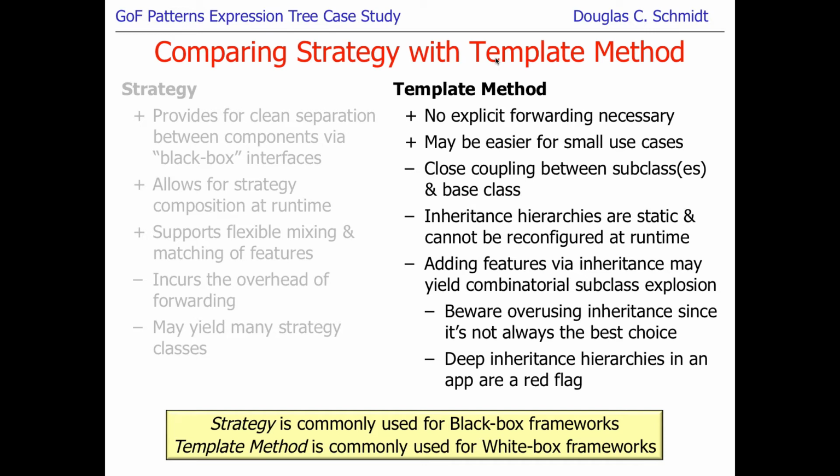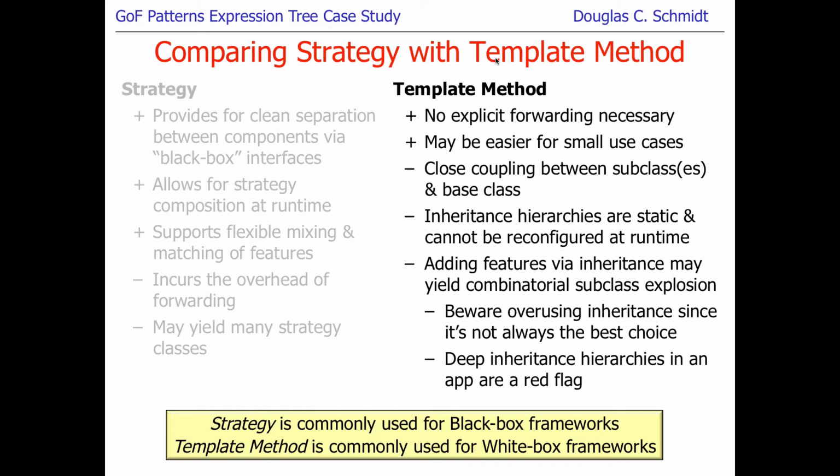A great example of a framework that does both white box and black box reuse with template method and strategy is the Android AsyncTask framework, which allows you to run computations in the background without blocking the user interface thread, because in Android and many user interface systems, you can't block in the main thread, or otherwise the event loop starves, which, by the way, is also one of the issues with the reactor. You don't want to have non-preemptive operations that block for long periods of time.